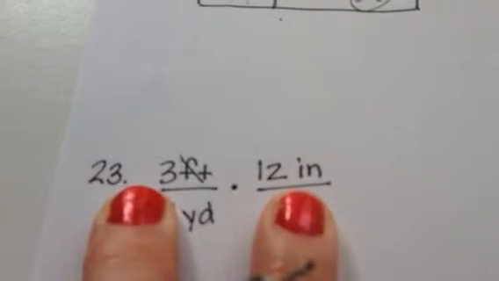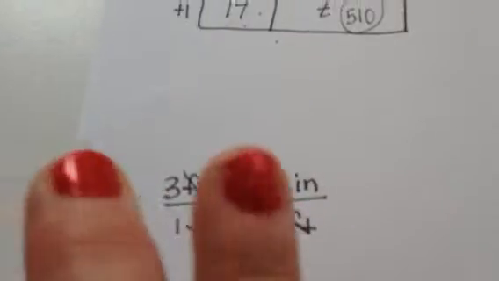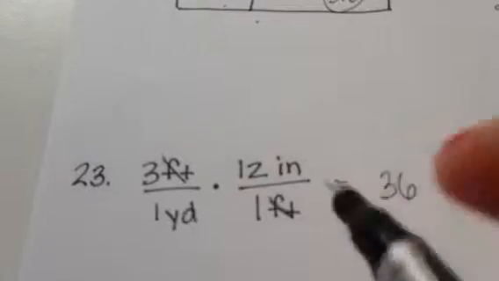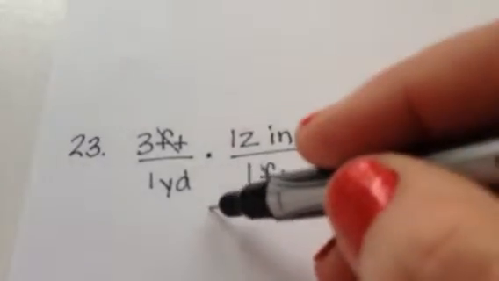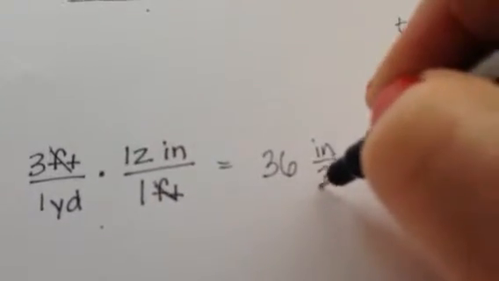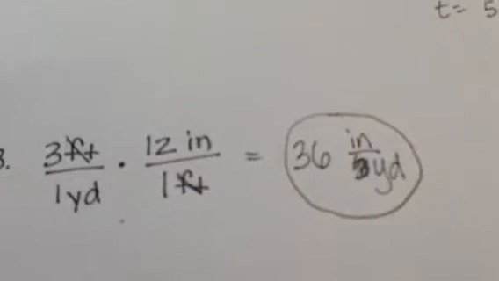All right, so what is 3 times 12? Well, 3 times 12 is 36. 36 what? I have inches up here and yards down here, so it's actually 36 inches over yards. Okay?